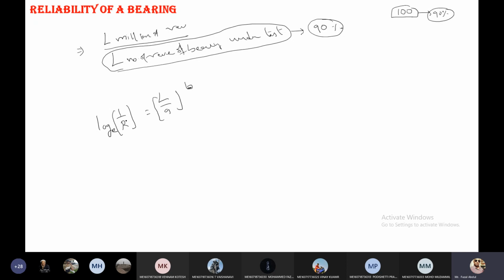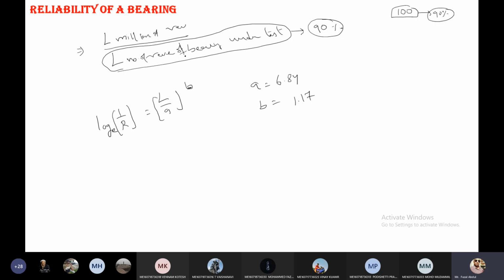R is the reliability of the bearing and L is the life of the bearing in revolutions. Okay. Now the constant values: a value for the bearing is 6.84 and b value is 1.17. These constant values we need to remember. a value 6.84, b value 1.17. Okay.